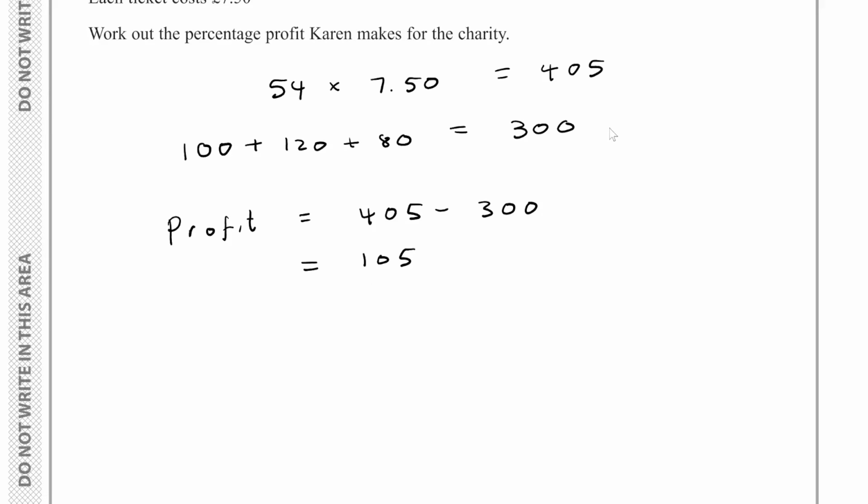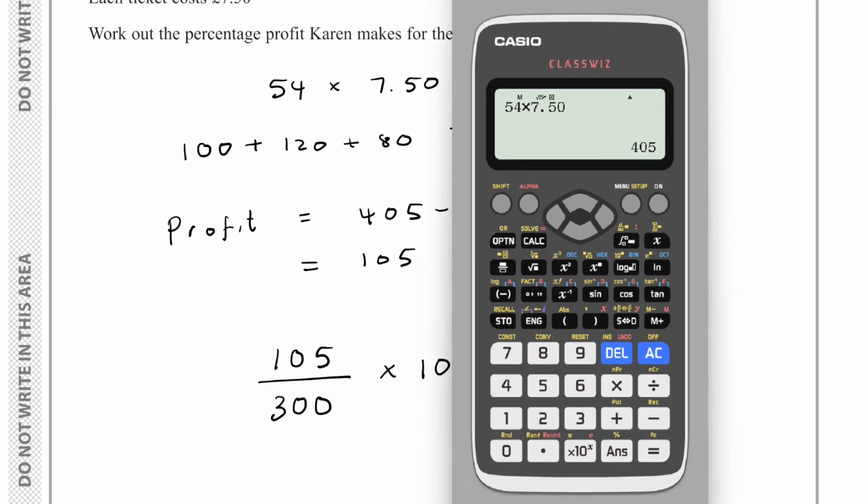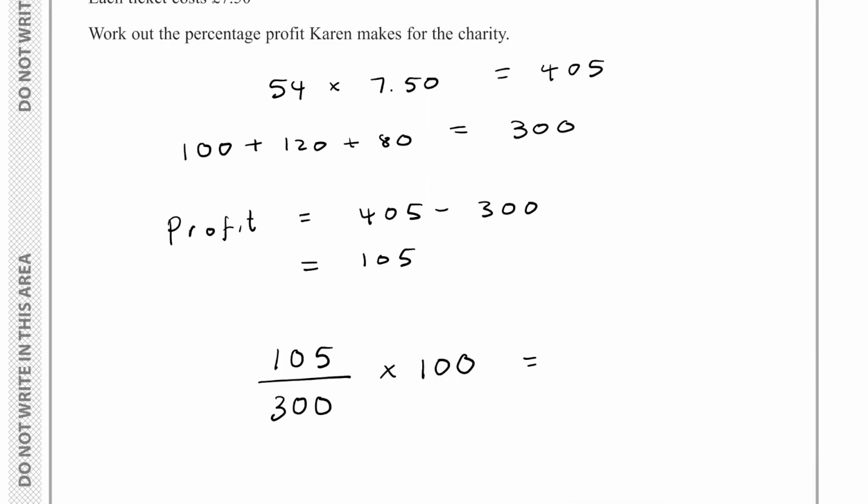So her percentage profit is the profit divided by how much she spent, which was £300, times 100. So to make it a percentage, times it by 100. And that is 35. So it's 35% profit.